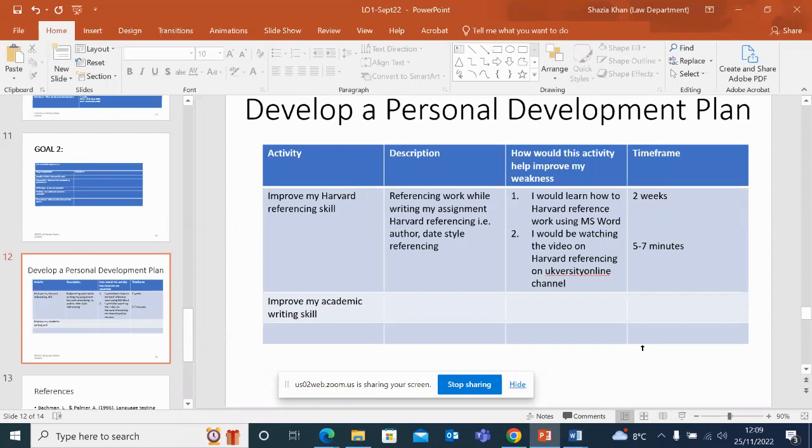Are any of you okay with Harvard referencing? Actually, I haven't started. Yes, please, sorry, Frida. I don't know Harvard referencing. You don't know how to reference? Harvard referencing, yeah.